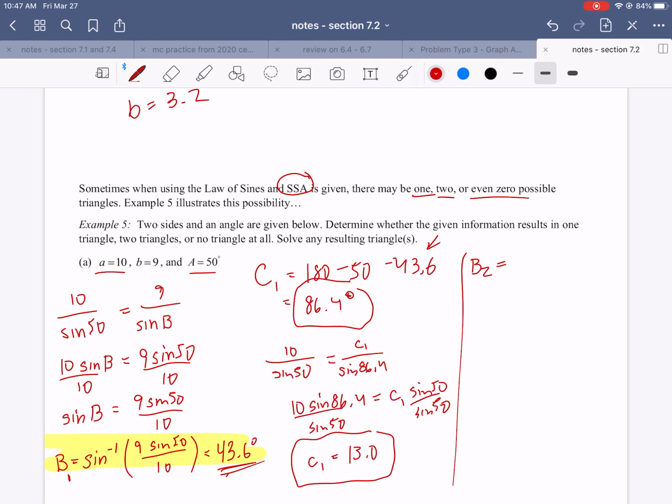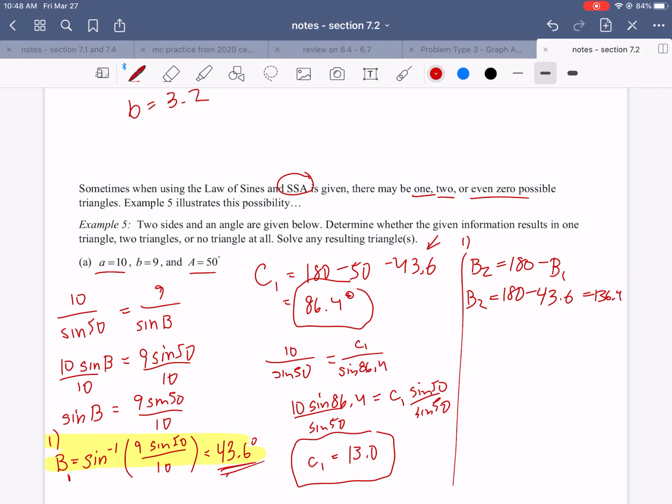Whenever we found the first triangle, that was the first step. We're going to come over here and basically try to repeat this, but B2 is going to equal 180 minus B sub 1. And so that means B sub 2 is equal to 180 subtract 43.6, which would equal 136.5.